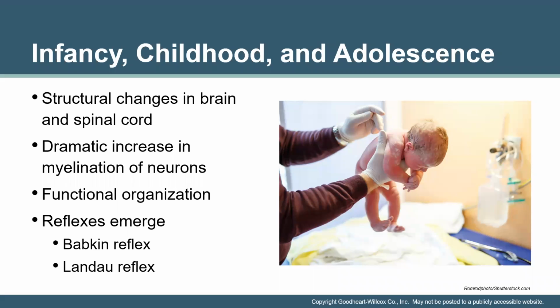The Landau reflex will occur when suspending an infant horizontally in prone position, which will flex, or when flexing the head and the trunk will also cause the legs to flex. And this will disappear around 3 months of age, well, somewhere between 3 months and 1 year to 2.